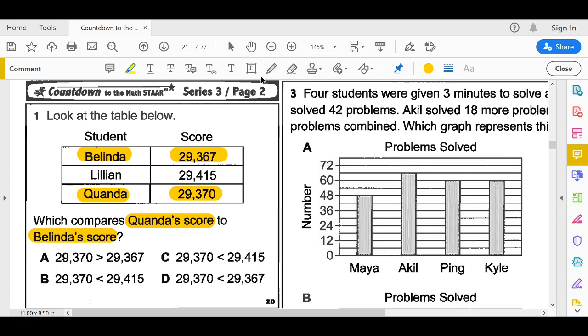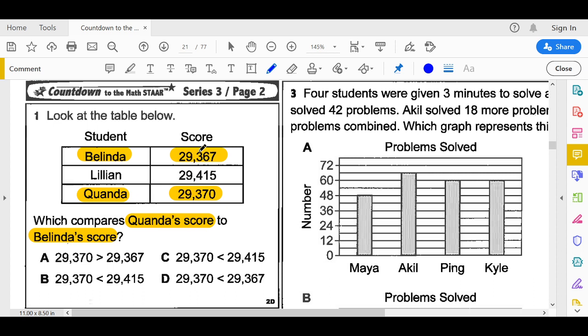Remember that when we compare numbers, we're going to start checking on the left side. It means the 10,000s, the thousands here, hundreds, tens, and ones. Let's start checking these 2 numbers. 10,000s, they are the same, 2 and 2. 1,000, it's the same, they have 9 and 9.